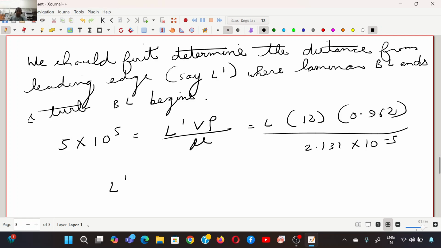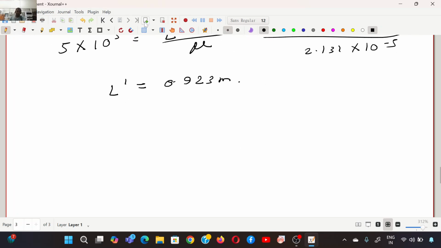So from here, calculate L prime. You must get L prime equal to 0.923 meter. Fine.